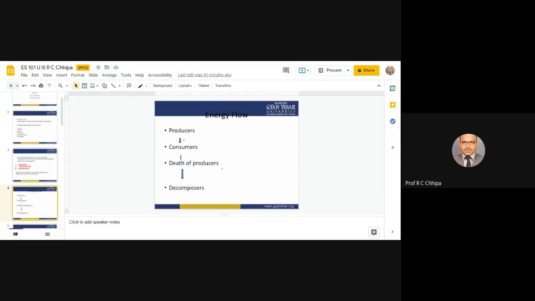Any animal that dies, by nature that body can be changed into simpler compounds with the help of microorganisms, and those are the decomposers. So the decomposers decompose all those things, the plants and animals. So this is a part of the ecosystem.